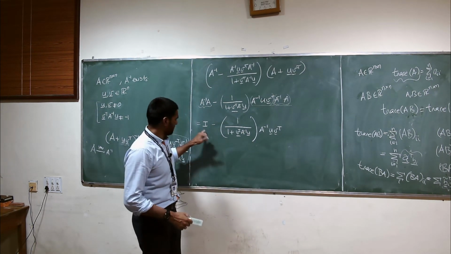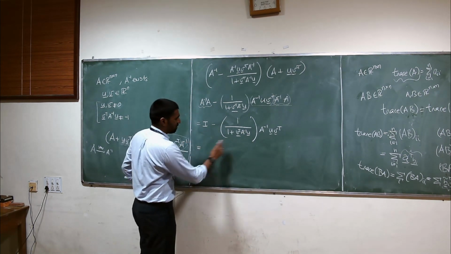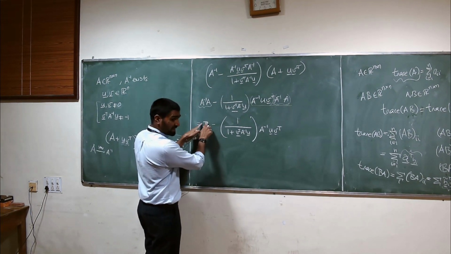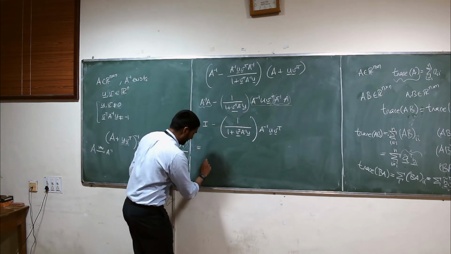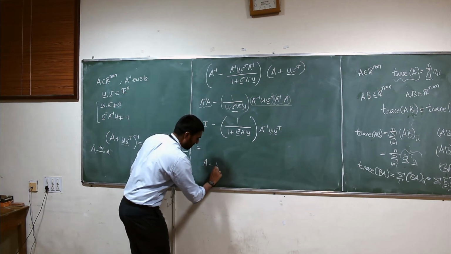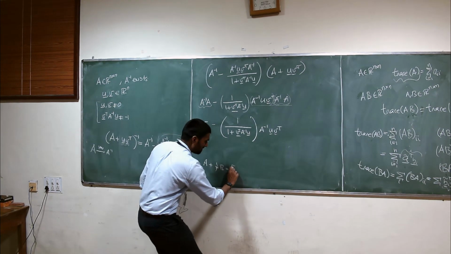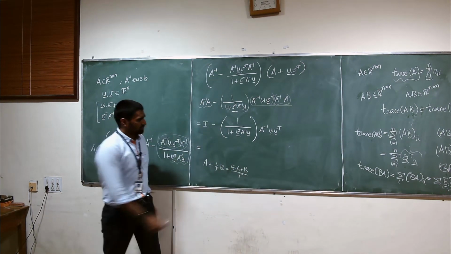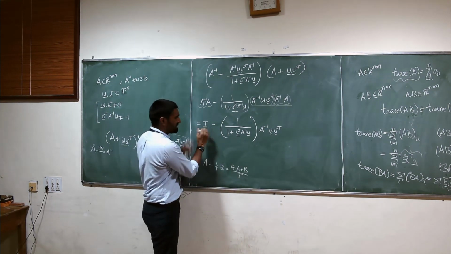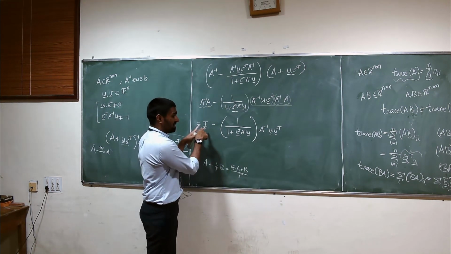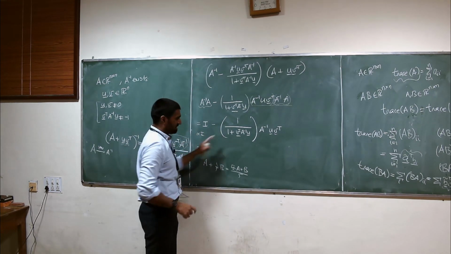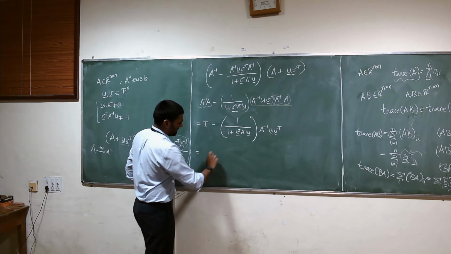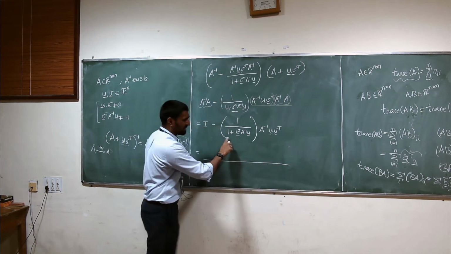Let's multiply it out with I. Now, if you multiply this with this, what you get here will be a matrix. Because if I have a matrix A and I do 1 by 5 times B, this is equal to 5 times A plus B divided by 5. So I take this scalar multiplied by I. That means I'll get some alpha times I. This scalar multiplied by I. Because I'm multiplying the denominator, I'll not write this again.